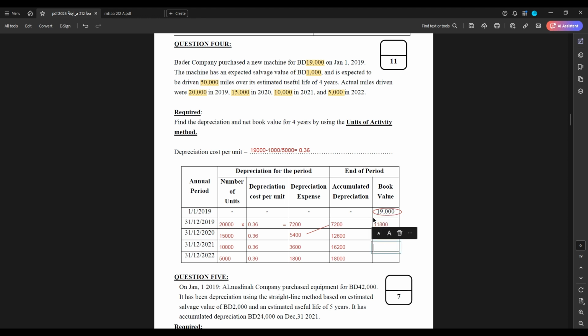Third year, 19,000 less 16,200 will be 2,800, and last year 19,000 less 18,000 will be 1,000, which will be the same as the salvage value, which was 1,000.